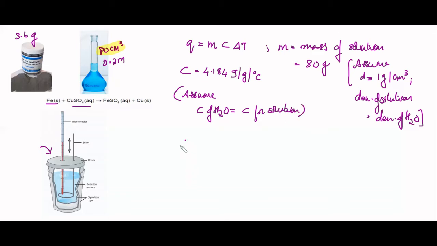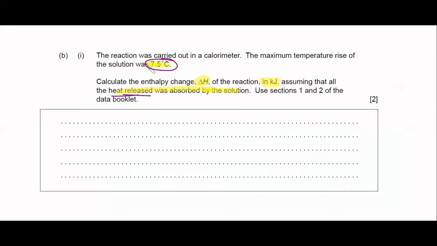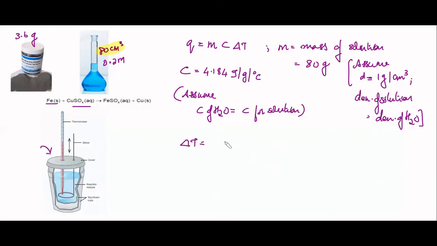Then the rise in temperature, of course, is given in the question itself. It's stated that the temperature rises 7.5 degrees Celsius. Now just plug in the numbers and do the calculation. So Q will be equal to mass 80, c is 4.184 or 4.18, temperature change is 7.5.